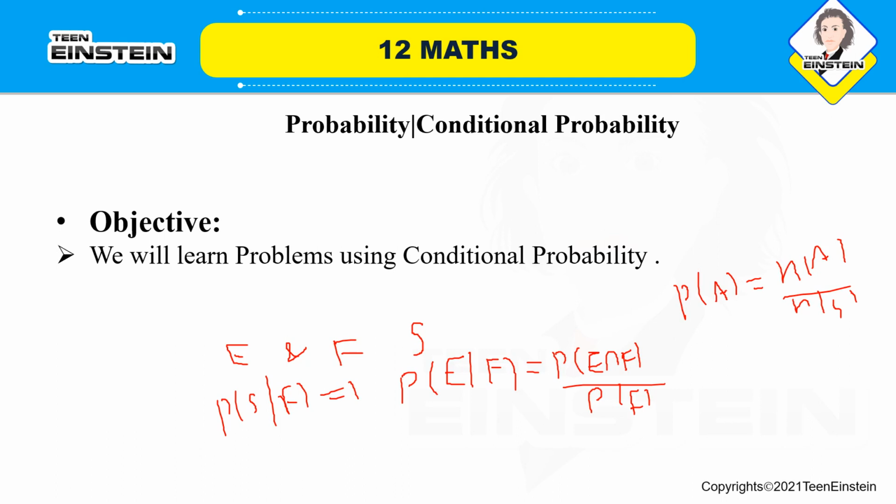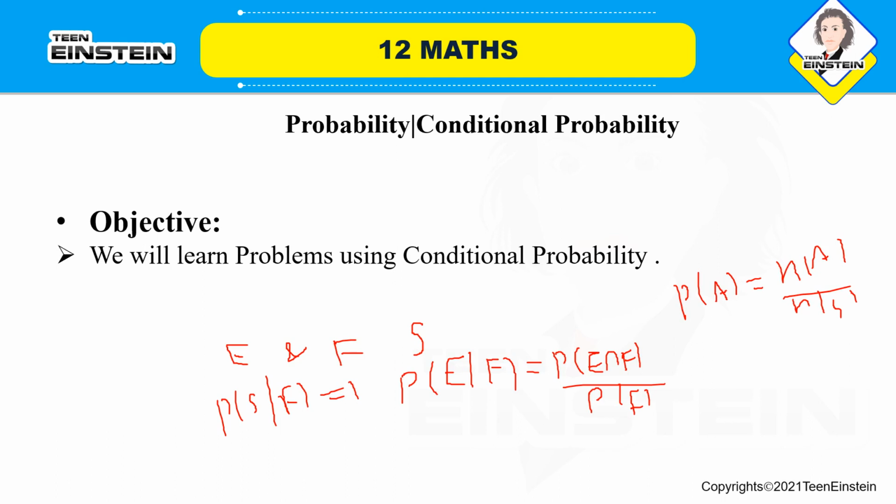But in conditional probability, this property changes to probability of S given F. This given, the slash here, denotes the conditional. So probability of S given F equals 1. This is the first property we have discussed.